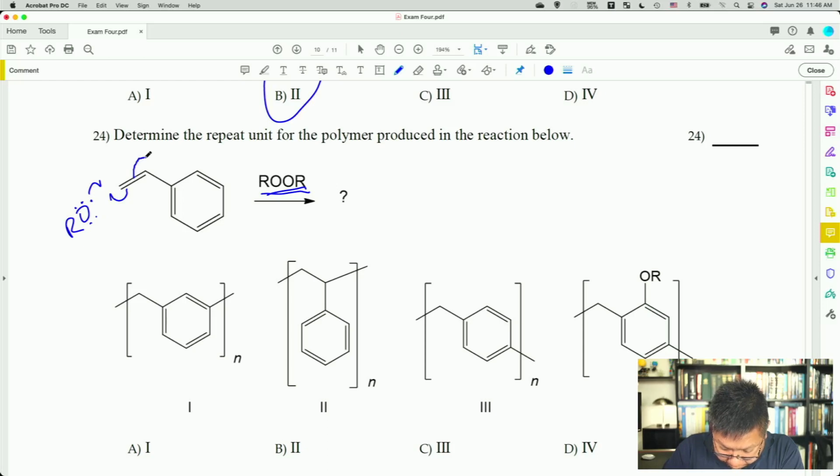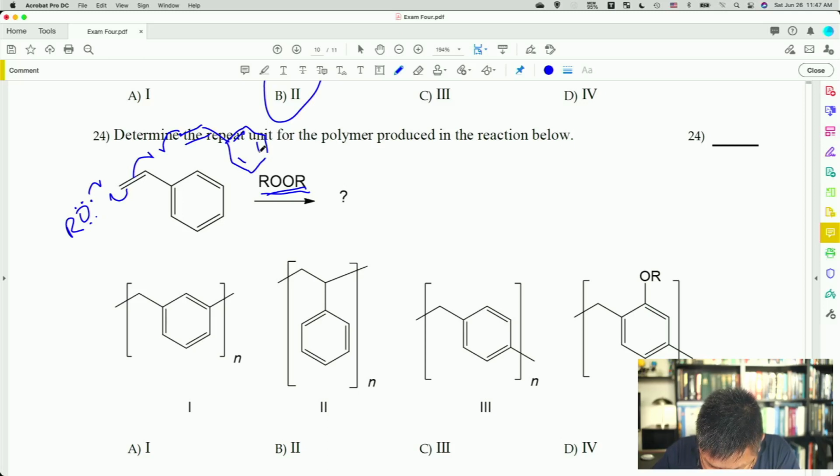And then it will give you another radical over here that you can use to attach yourself to another one of these benzene monomers.